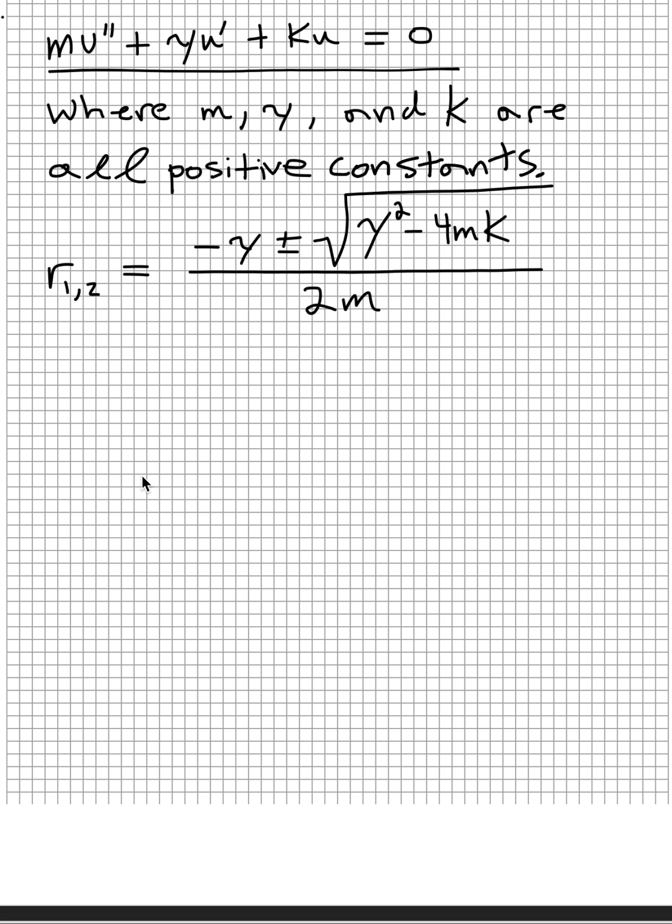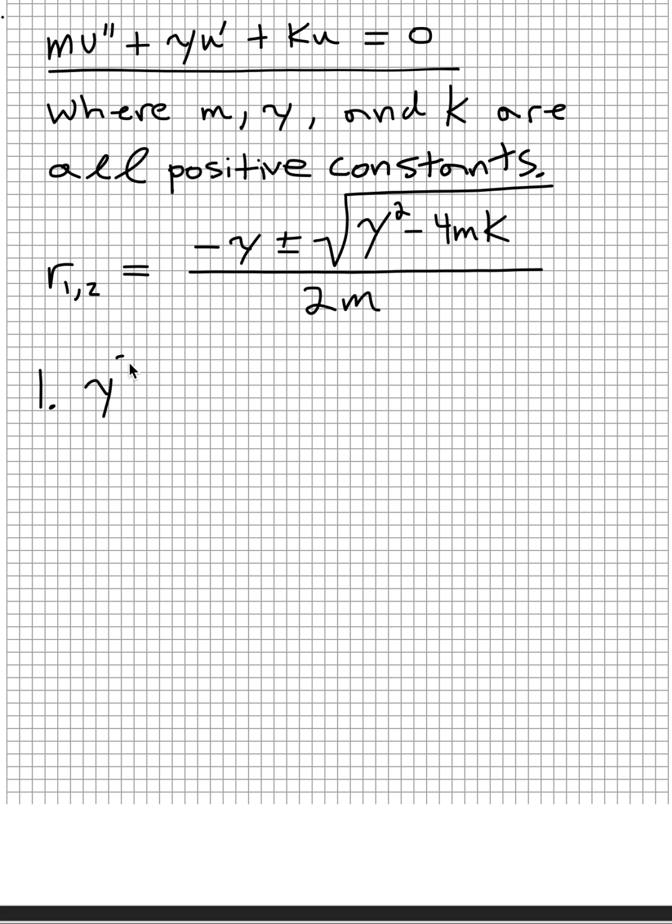And so we actually have three cases that we have to pay attention to. These are three cases that you would have to test for yourself in order to determine which path forward would be the most appropriate. So let's talk about the first case. The first situation is where the value underneath the square root sign is actually equal to 0.